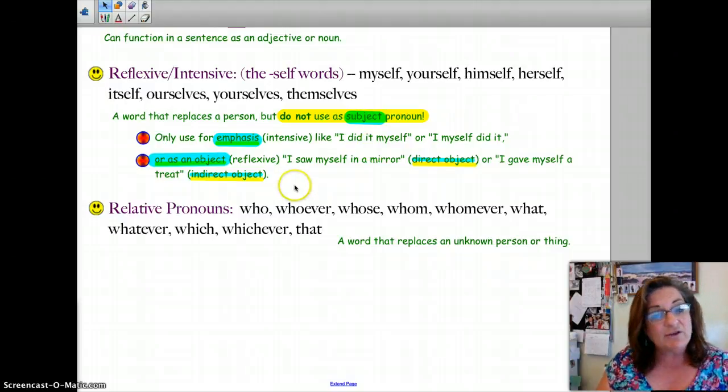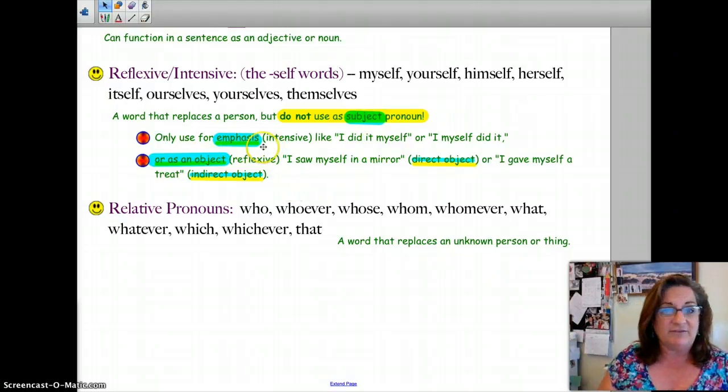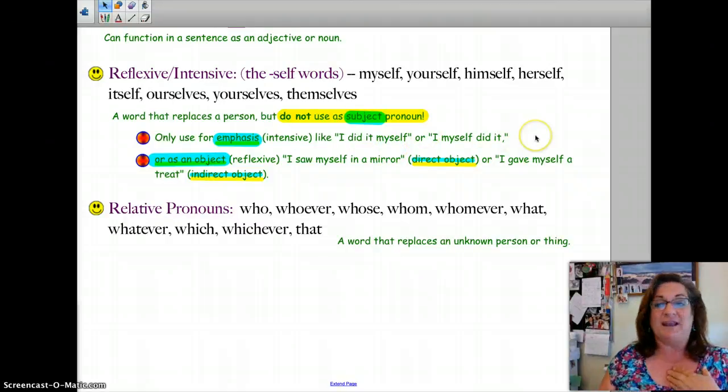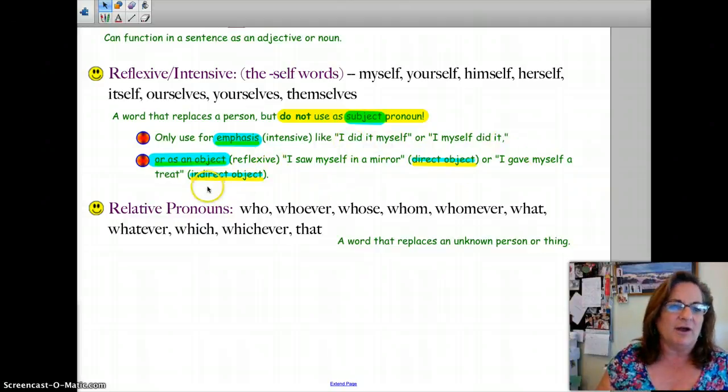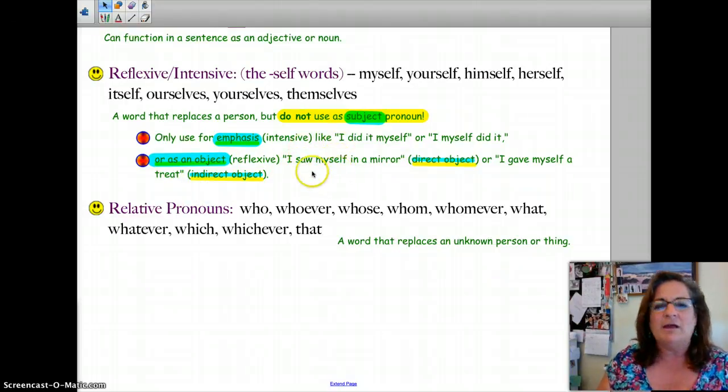Okay, so you cannot use it as a subject pronoun. But when you can use it is for emphasis, like I did it myself. Pretty cool, yeah? I did it myself. Or I myself did it. So you can use it for emphasis, or you can use it as an object. I saw myself in a mirror. Saw is the verb. Myself is the object that you saw. That would be fine to say I saw myself in a mirror.